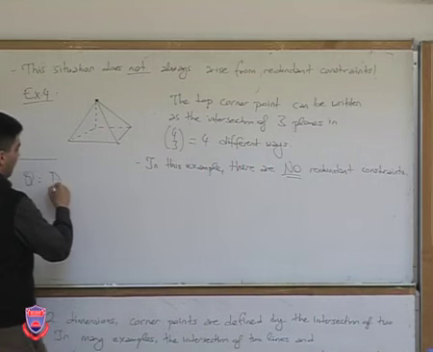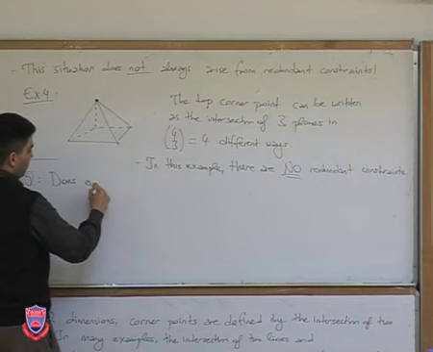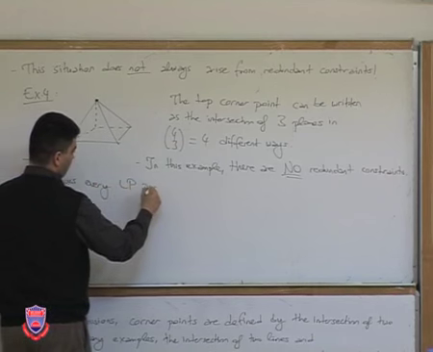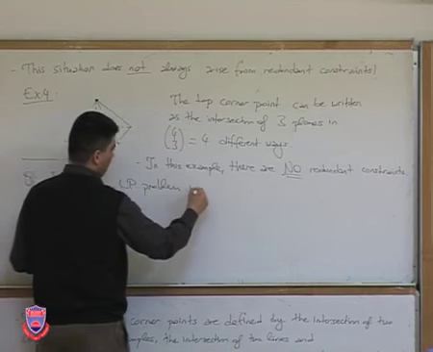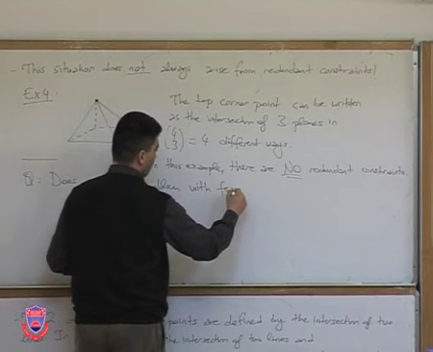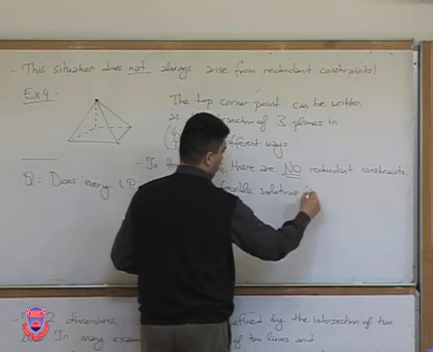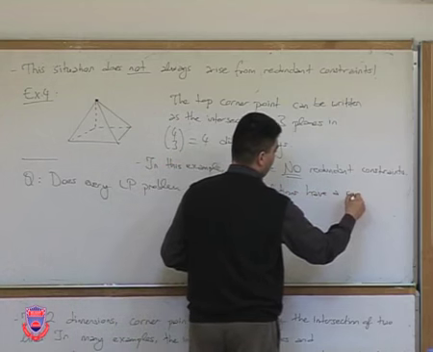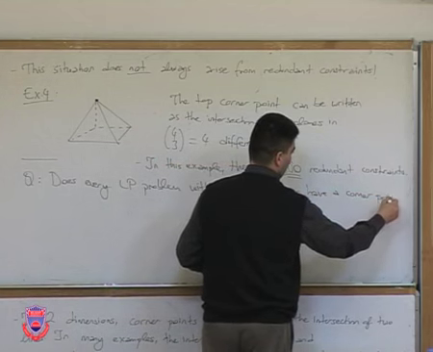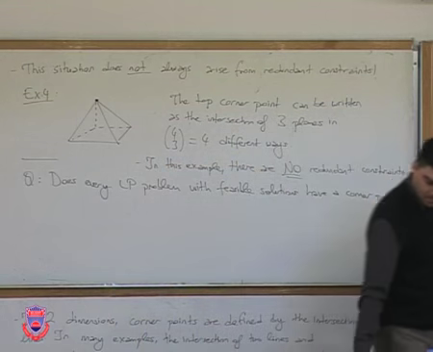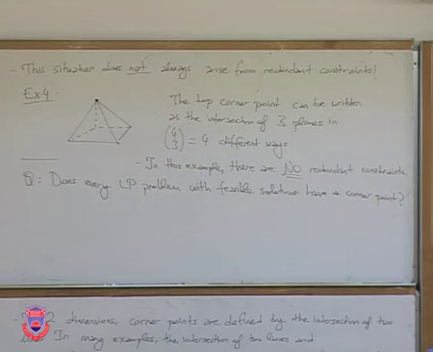Here's another question. So does every LP problem with feasible solutions have a corner point? So my question basically is that, so far all the LP examples we have seen actually had corner points, right?